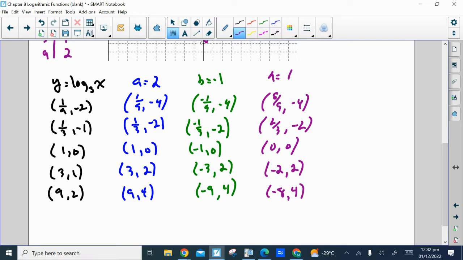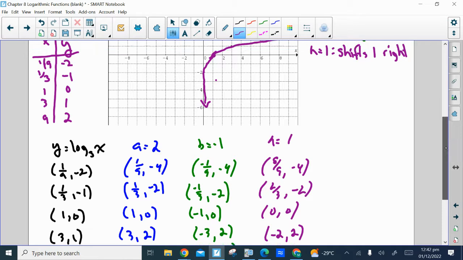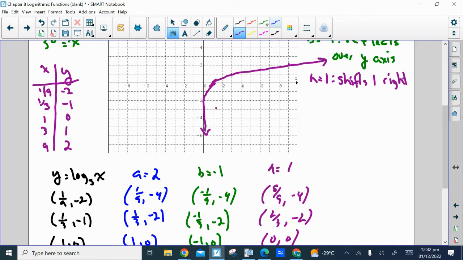Okay, so we can plot these points on there. 8/9, which is just below 1, comma, negative 4. 2/3, comma, negative 2. 8/9 is just below 1.